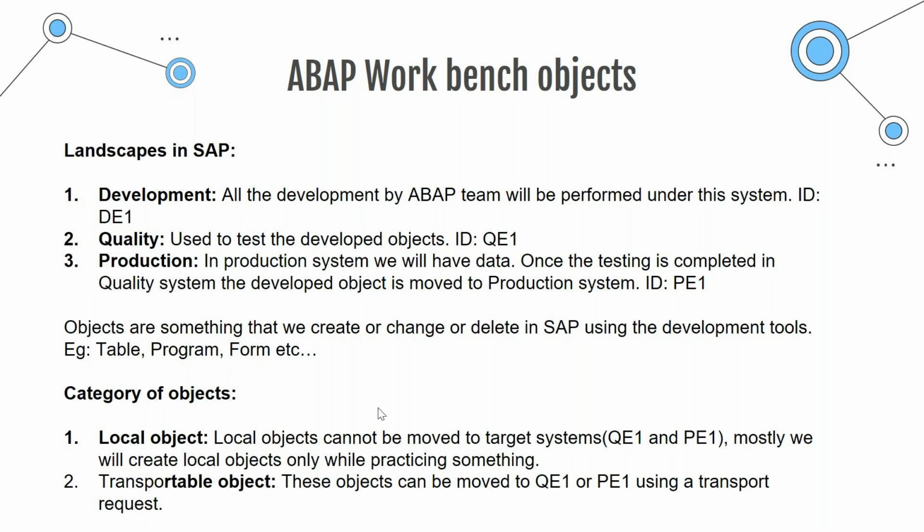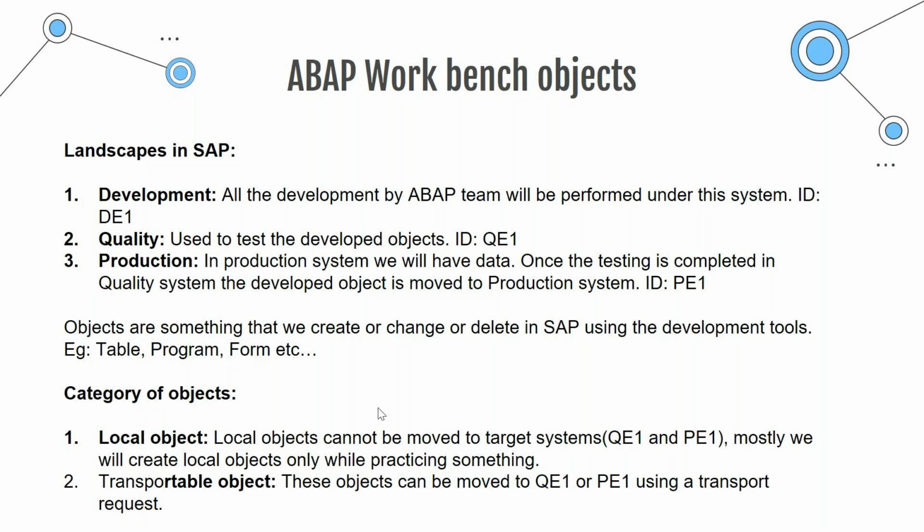Done. Then what is a landscape in SAP? What are the different landscapes in SAP? No matter wherever you are, whatever project you get, within India or outside India, whatever the type of project, even if it's an ECC system or HANA system, you will have a minimum of three systems, three landscapes: development, quality, production.